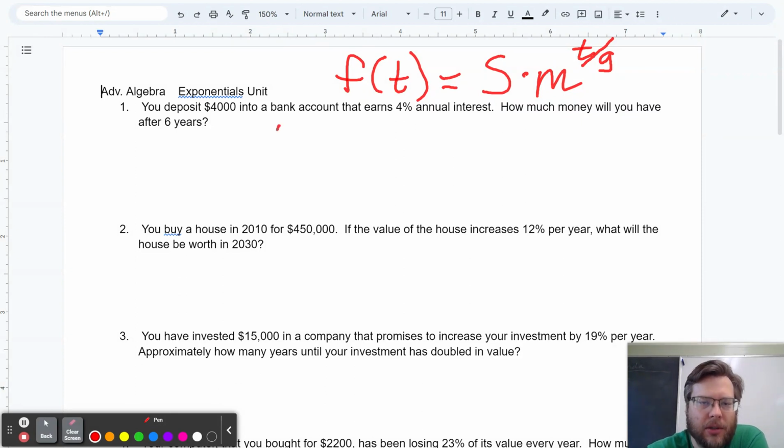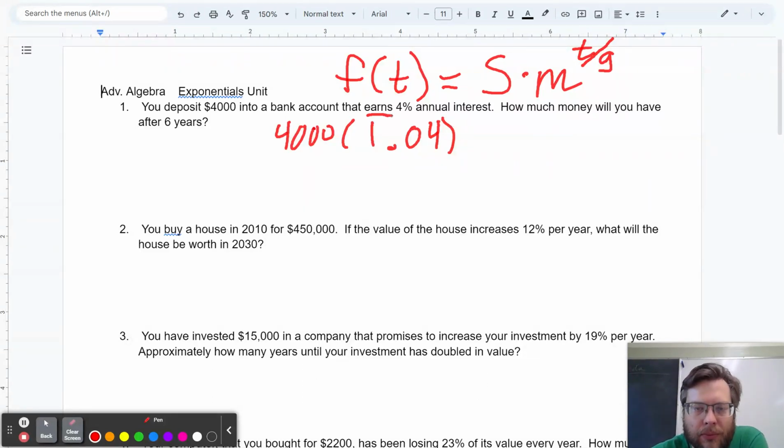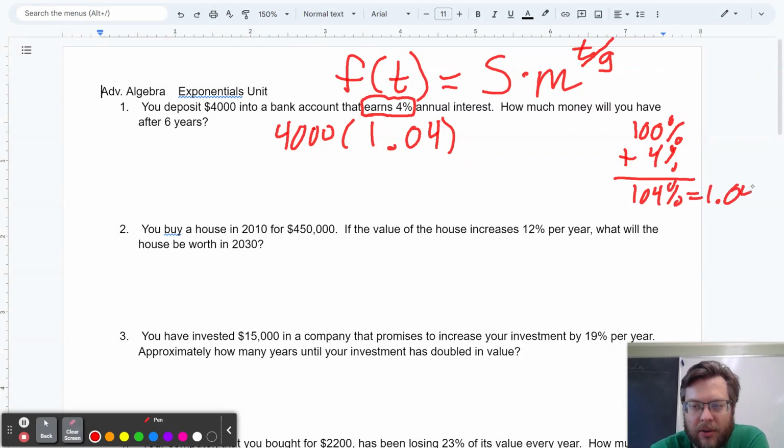So here's my equation. I have 4,000 earning 4% interest, which becomes 1.04. Why does that work? If you earn 4%, that means you're adding 4% on to what you already have. So you have 100% of the original plus 4% growth. It makes 104%. And percent means to divide by 100.